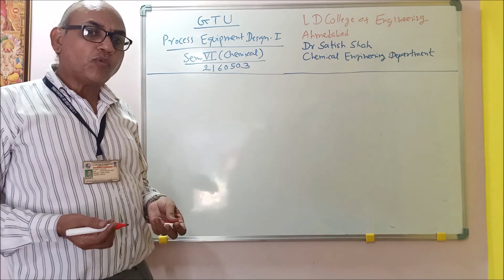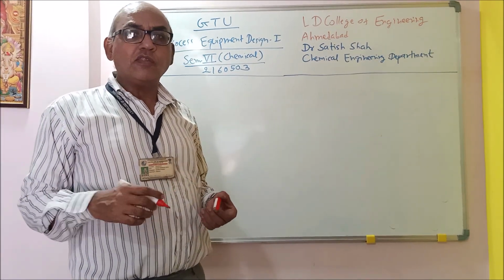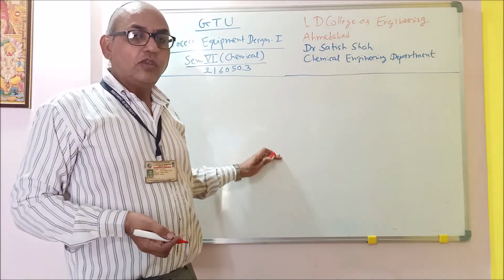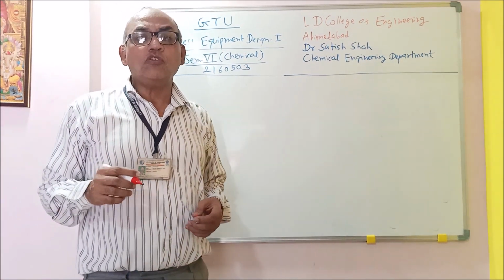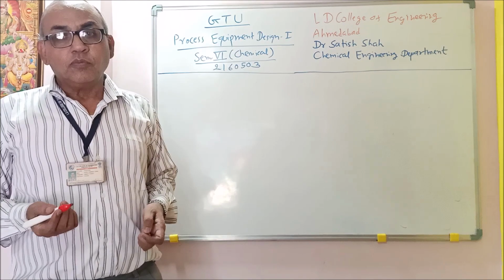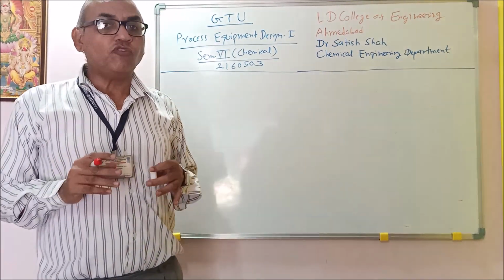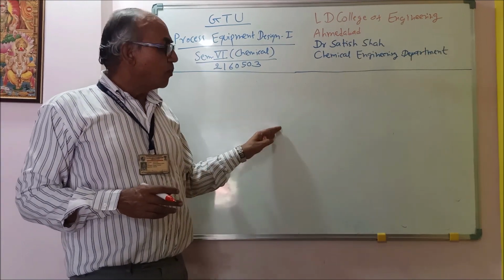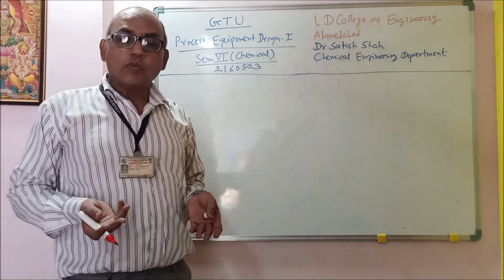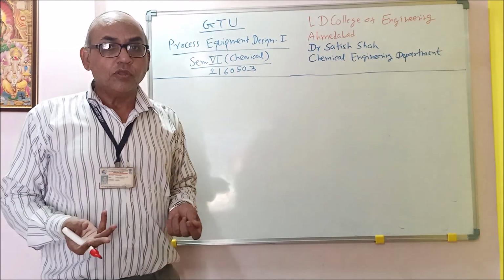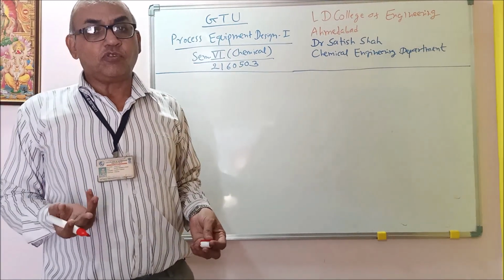Now suppose sometimes you are getting a velocity of say 0.3 meter per second. Then at that step only, you have to check your tube side number of passes, because your water is on the tube side. You can increase the number of passes. Suppose instead of 1, I make it 4, my velocity will increase 4 times.